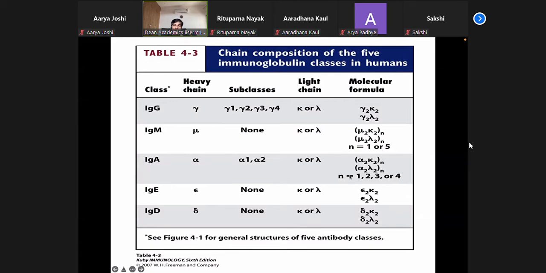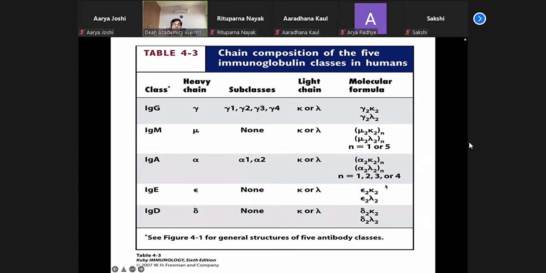For IgA, again, alpha 2, kappa 2, alpha 2, lambda 2. And although I said that this usually exists as a dimer, some reports have suggested that they can also exist in a trimeric or even tetrameric version, okay?